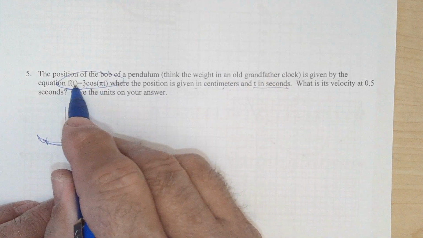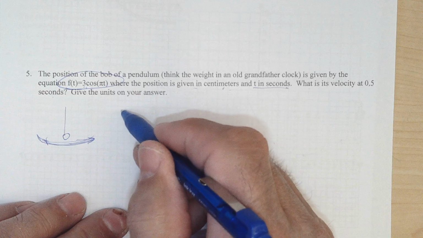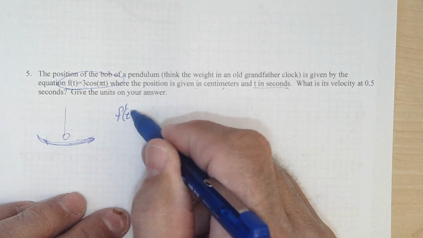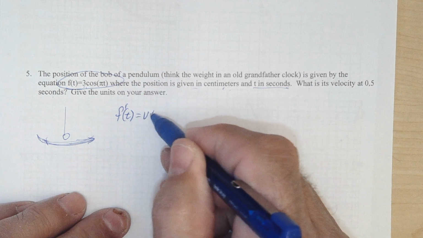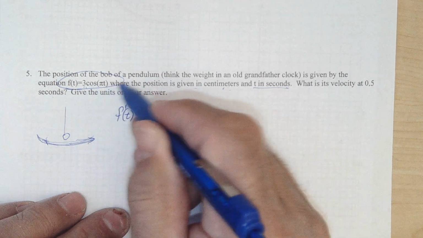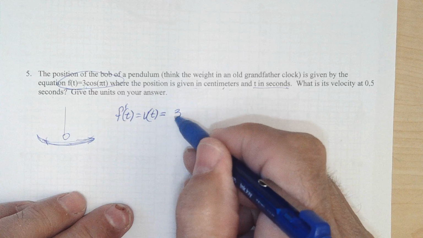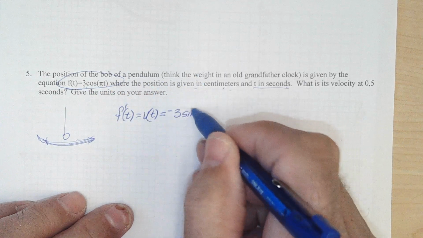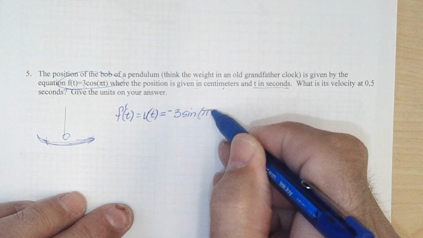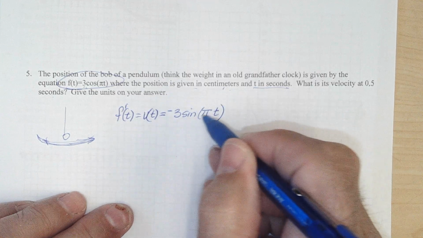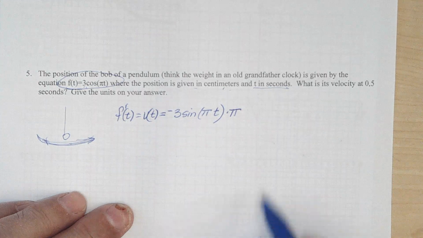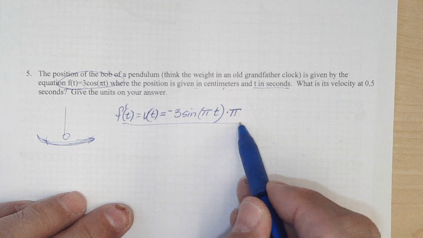So if this is the position, the derivative of the position, f prime of t, will be the velocity at t, and it's going to be the derivative of this, which is 3. Derivative of cosine is negative sine of pi t times the derivative of the inside, times pi. That's going to be the velocity.